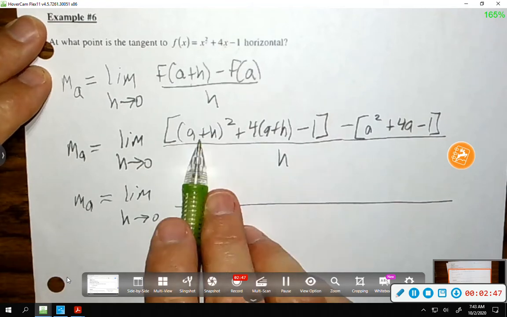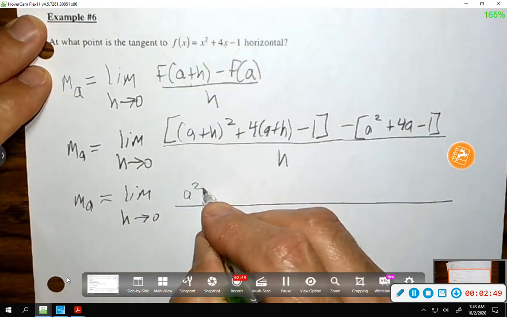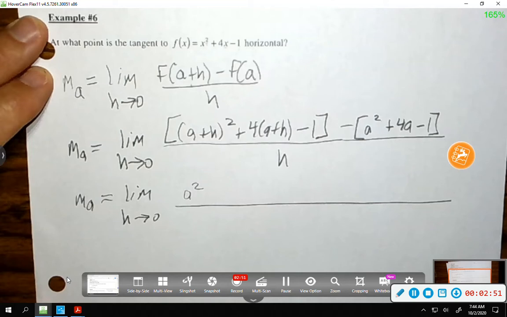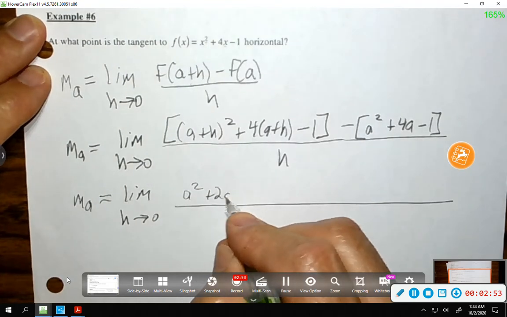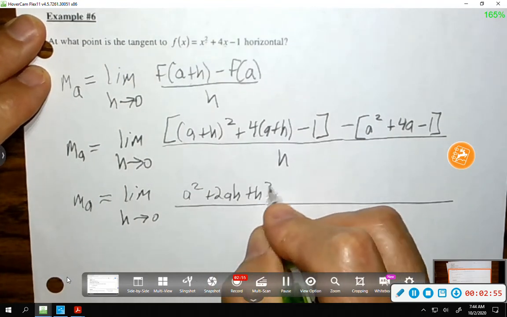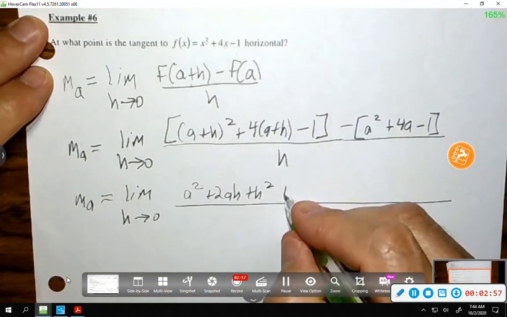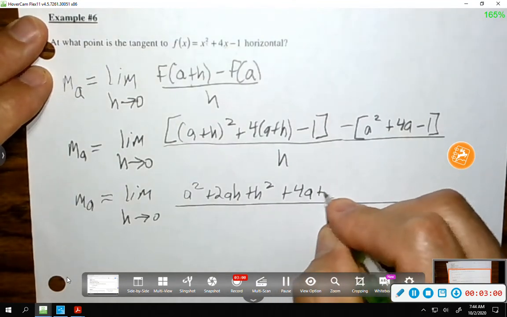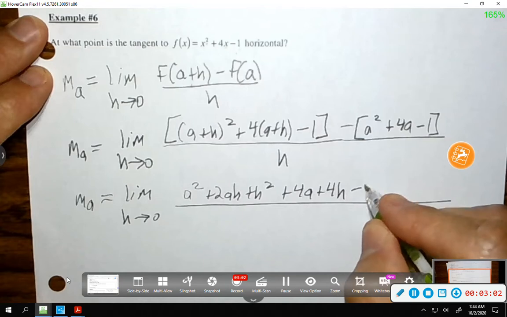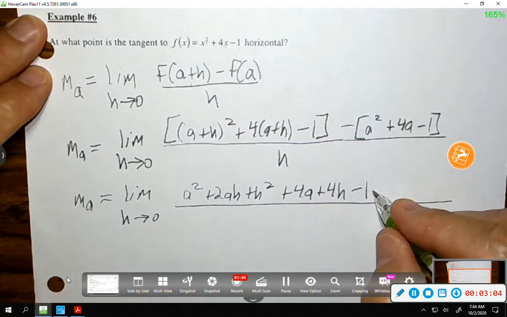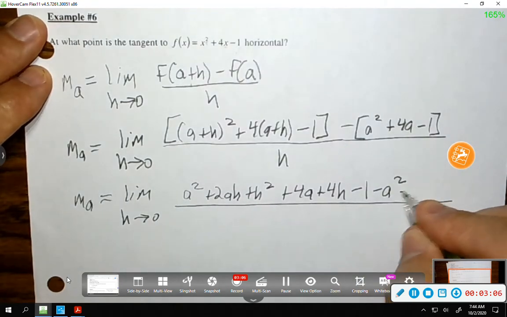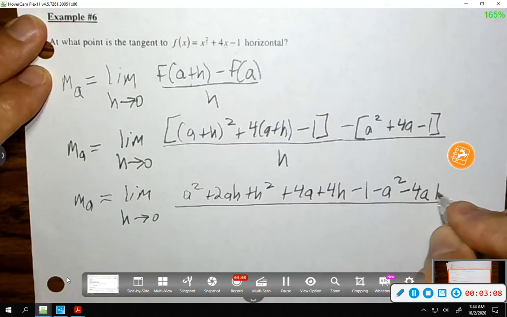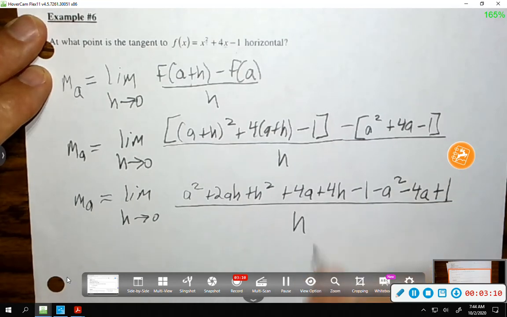If we FOIL this, a squared, the outer and the inner, ah plus ah is 2ah plus h squared. If we distribute 4a plus 4h minus 1, and distribute the minus, we get minus a squared minus 4a plus 1, over h.